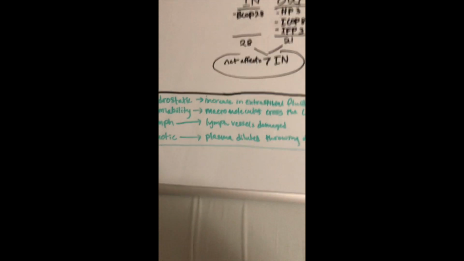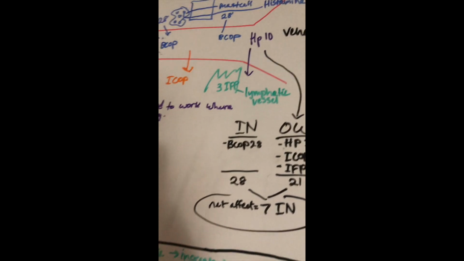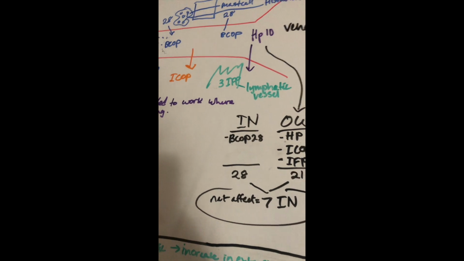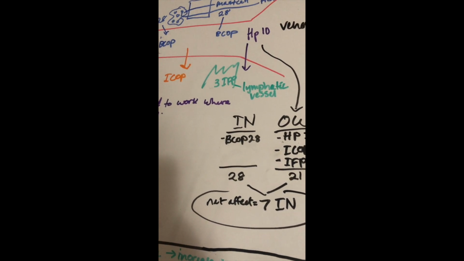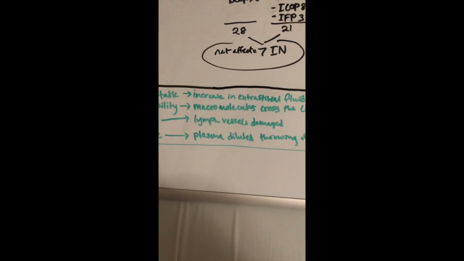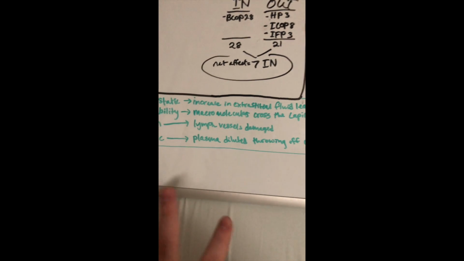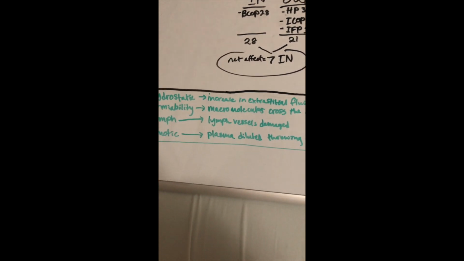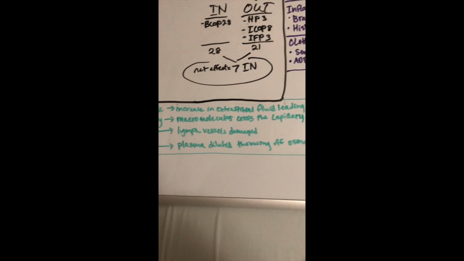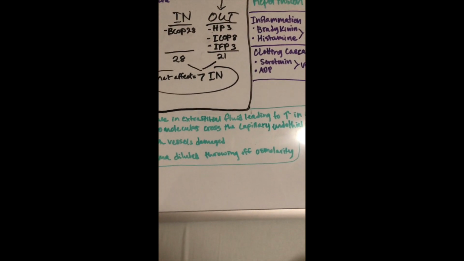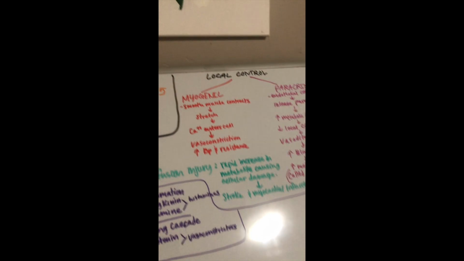Lymphedema is where the lymph vessels are damaged. If these are damaged, they're not going to be able to suck as much fluid out of that space. And osmotic is where plasma is diluted, which is a very fragile equilibrium. When the plasma is diluted, it throws off the osmolarity, and like we keep saying, water goes to the molecules, so you have to be really careful with that.